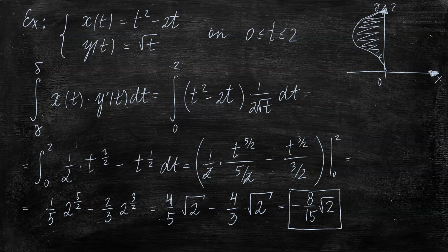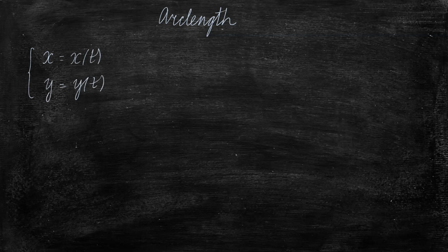So next we're going to talk about how to compute the arc length of a parametric curve. And here's the setup. We're going to assume that we have two functions, x and y, and we're going to consider this all happening on some interval between alpha and beta for t.